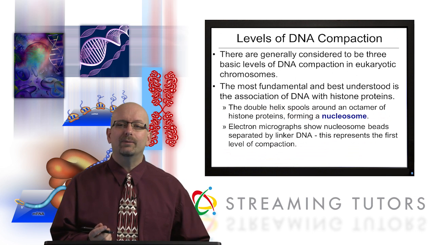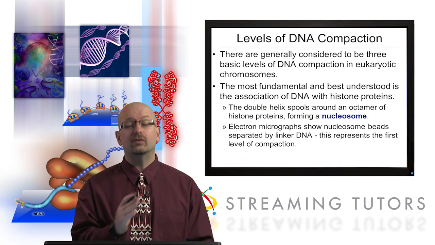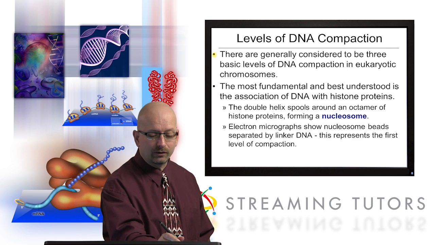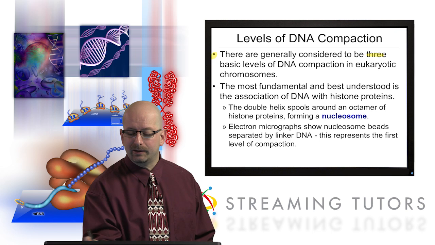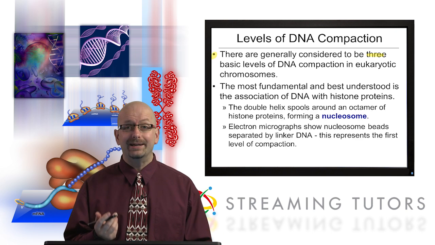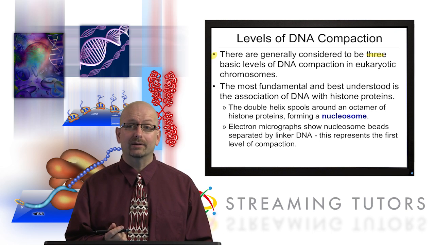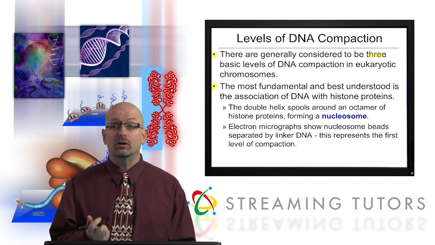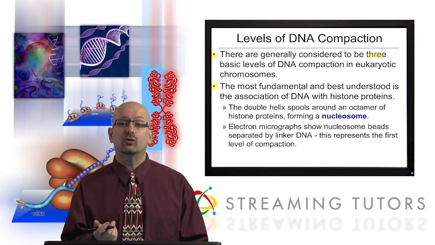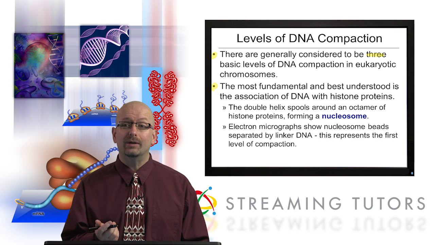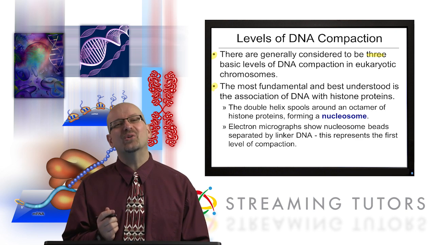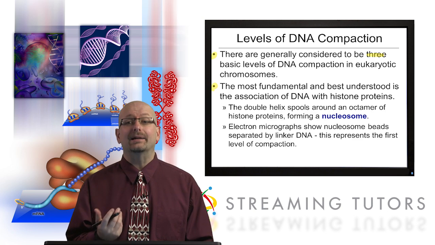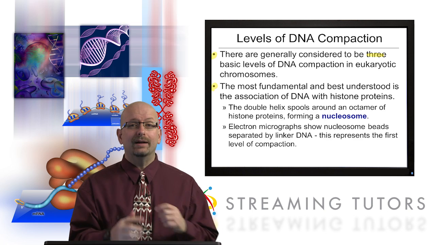So let's check out what goes on and relate this to the levels of DNA compaction, because there are generally considered to be 3 fundamental levels of DNA compaction in eukaryotic chromosomes. And the most fundamental and the best understood of these is that association of DNA with those histone proteins. So I'll show you a picture in a moment, which I think will make it a lot clearer. But think of the double helix.